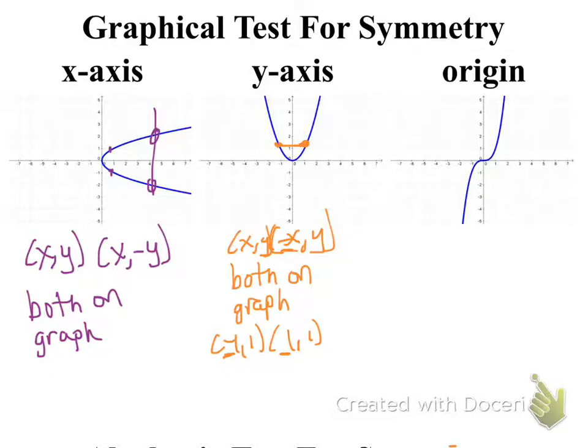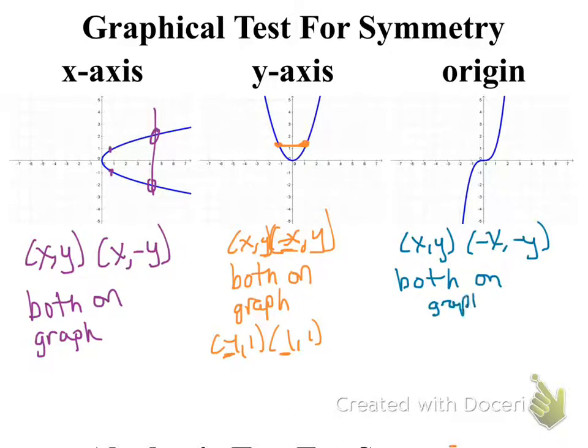For symmetry to the origin, graphically what we test is if the point (x, y) and the point (negative x, negative y) are both on the graph. Then we say it is symmetric to the origin. Okay?